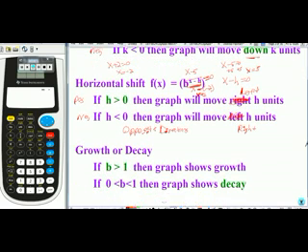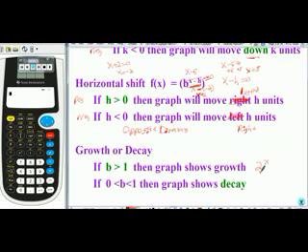Alright, let's continue. Growth or decay. If b is greater than 1, in other words, the base of the exponential, what's being raised to the exponent, it is growth. That would be like 2 to the x, that is growth.